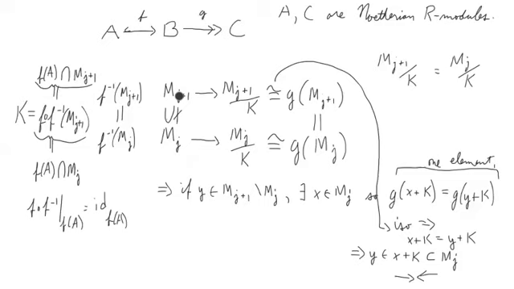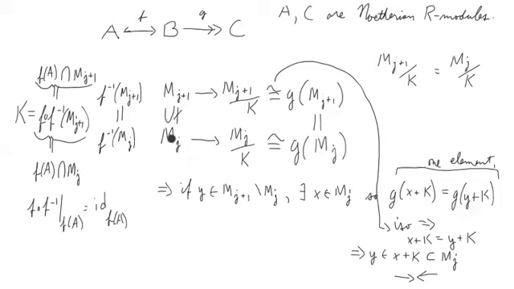In other words, when we push it forward, we're going to get all the elements of our current submodule that are in the kernel. So it's going to be the intersection of the kernel with that module here.